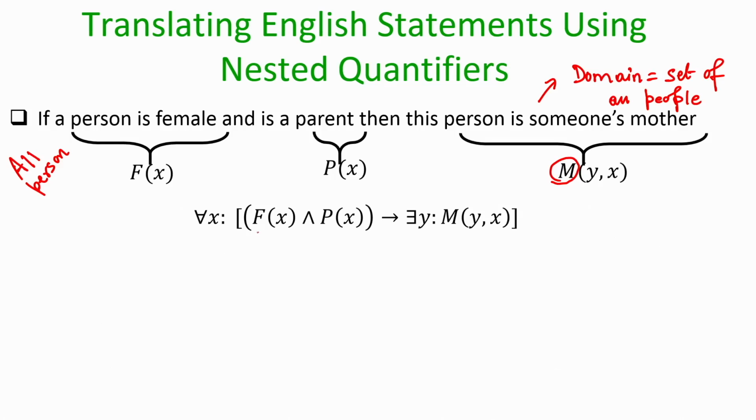if then. So, your premise is for all persons x in the domain, I want to state that if the person x is female and if the person is a parent, so that is why conjunction of f of x and p of x, then for the same x there exists a y, a person y, such that x is the mother of y.